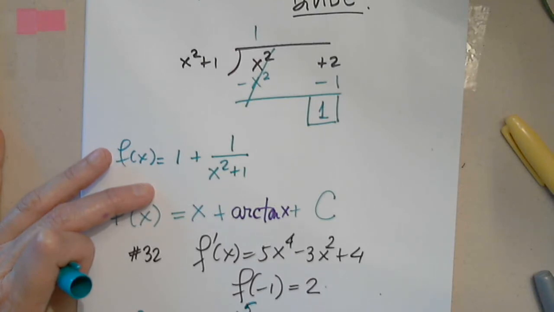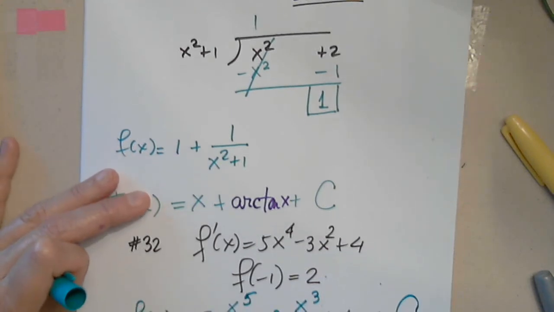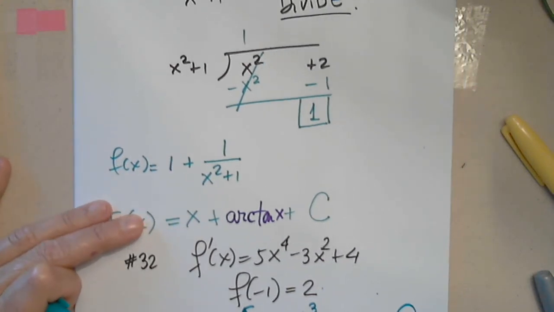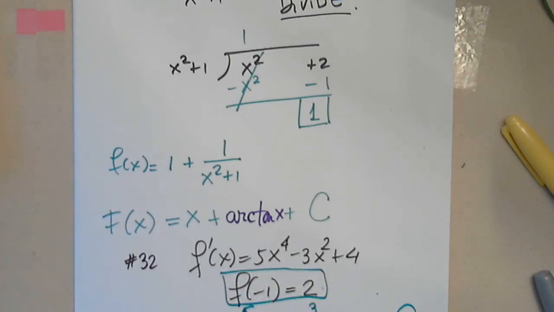I keep -3. I increase the power to 3 and divide by 3. Which function has derivative 4? Obviously 4x, plus a constant c. I will be able to find c from the given condition. So that's why the answer will be unique.